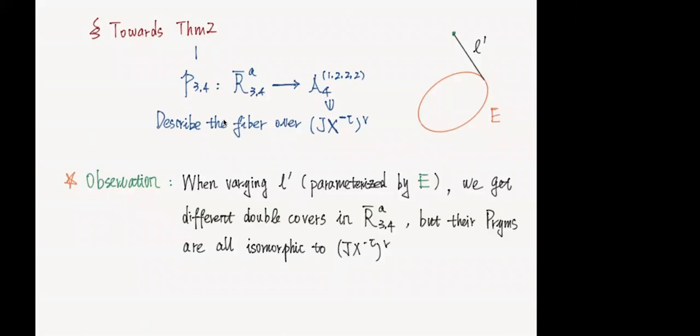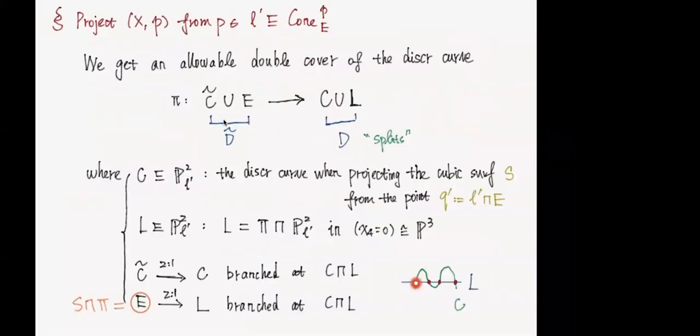The second type of invariant lines always passes through this Eckardt point P. But we have a lot of choices. If I project from these different lines, my quintic will always split. So I can always restrict to the quartic component and get some double covers of a genus 3 curve, a quartic, branched along 4 points.